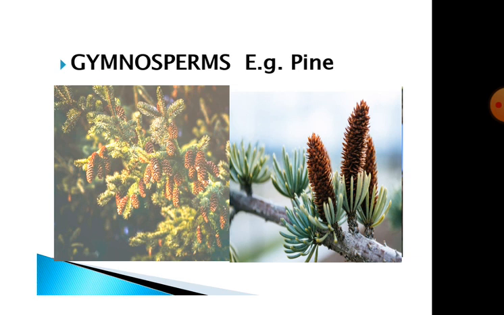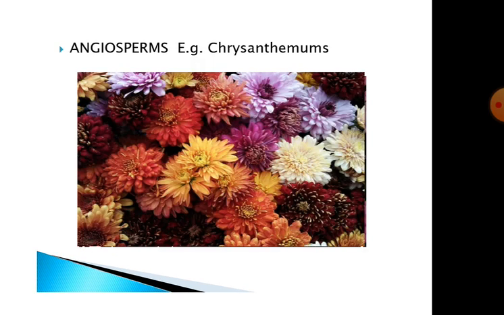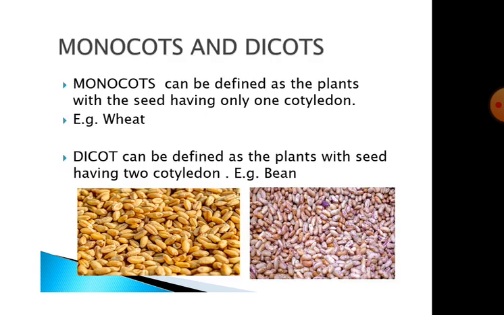Angiosperms: a flowering, fruit-bearing plant known for having ovules developed within an enclosed ovary. All flowering plants come under angiosperms. Example, chrysanthemums.